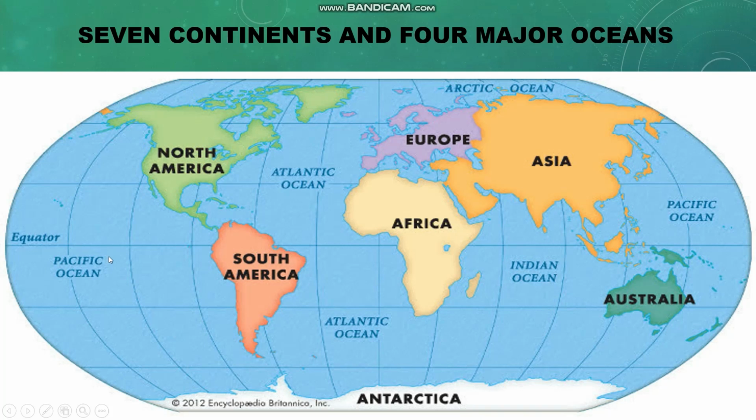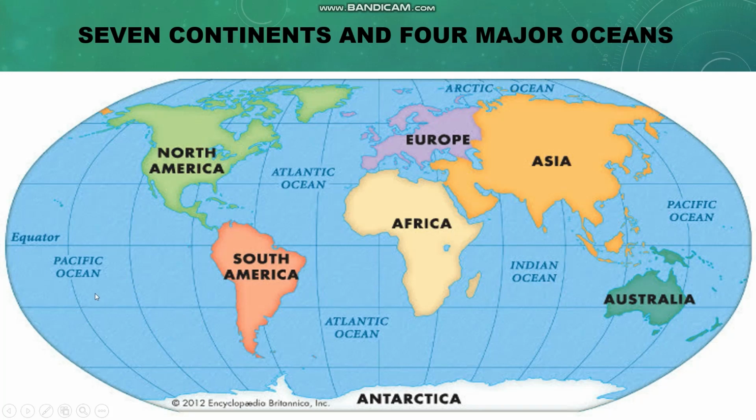Pacific Ocean is the largest and deepest ocean, while the Arctic Ocean is the smallest and shallowest ocean. We are not considering the Southern Ocean because it is a minor ocean, so we are not studying that. Only the 4 major oceans we are studying.